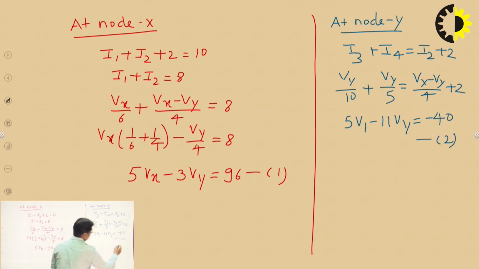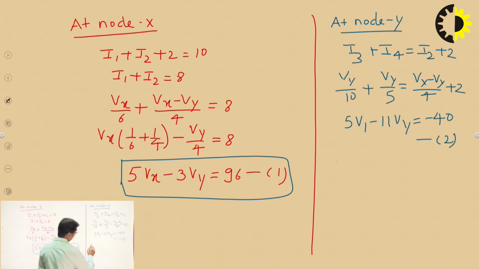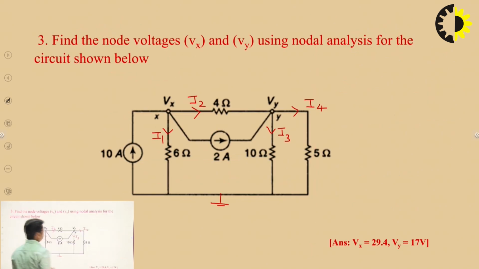And this is our equation number 2. So we have two equations and two variables. Vx comes out to be 29.4, and Vy comes out to be 17 volt. So this is the answer of this question.